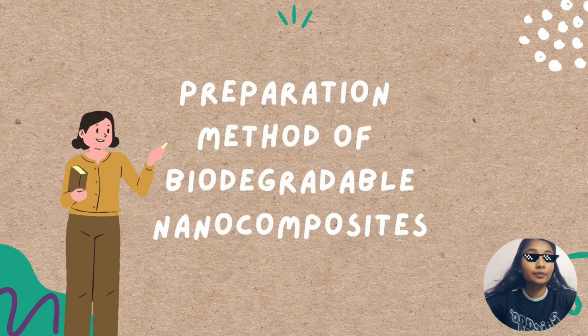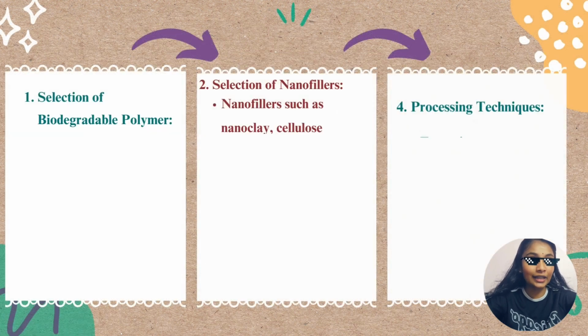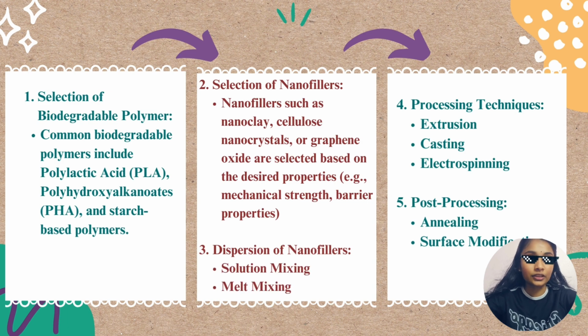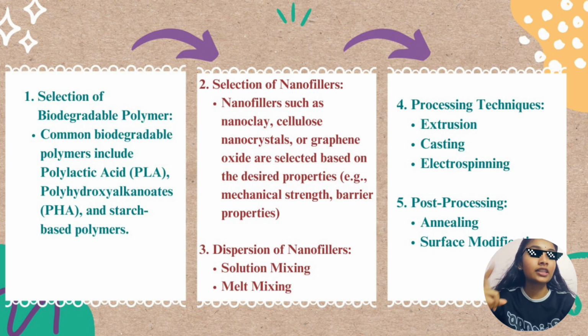Now, I'll be explaining the preparation method of the biodegradable nanocomposites. First of all, selection of biodegradable polymer, where the common biodegradable polymers include polylactic acid, known as PLA, polyhydroxyalkanoates, known as PHA, and starch-based polymers.